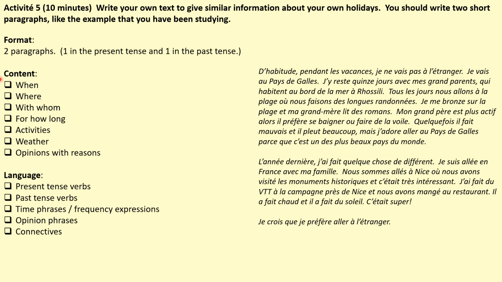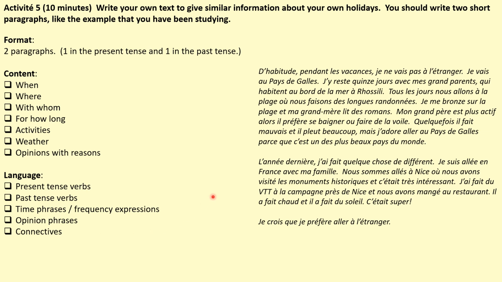Content-wise, you should mention when you went, where, who you went with, how long you went for, activities that you did, what the weather is like or what the weather was like, and give some opinions with reasons. Language-wise, you should include present tense verbs, past tense verbs, time phrases or frequency expressions, opinion phrases, and connectives.